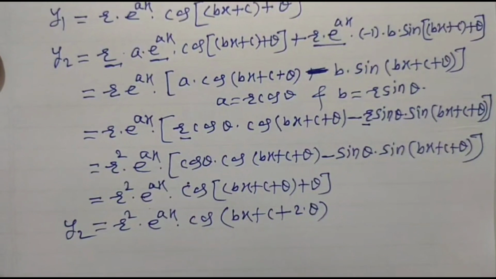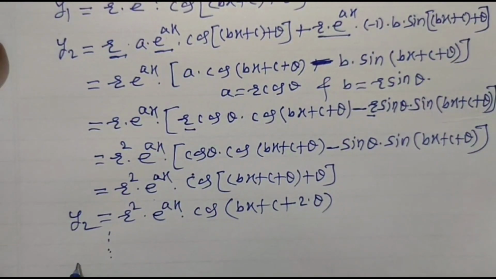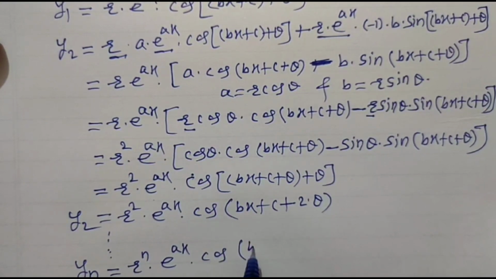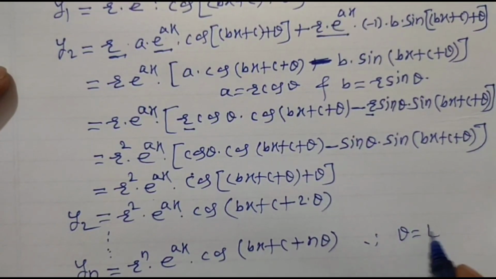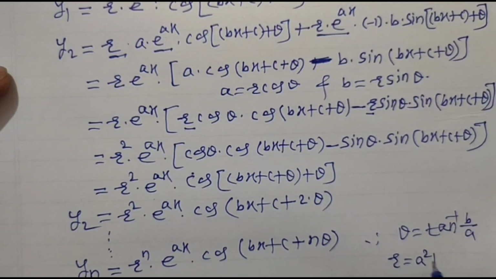Now we want its general form, that means nth derivative, replacing 2 by n. Hence yn is equal to r to the power n e to the power ax into cos of bx plus c plus n theta. But you know theta is equal to tan inverse b upon a and r is equal to (a square plus b square) to the power half.